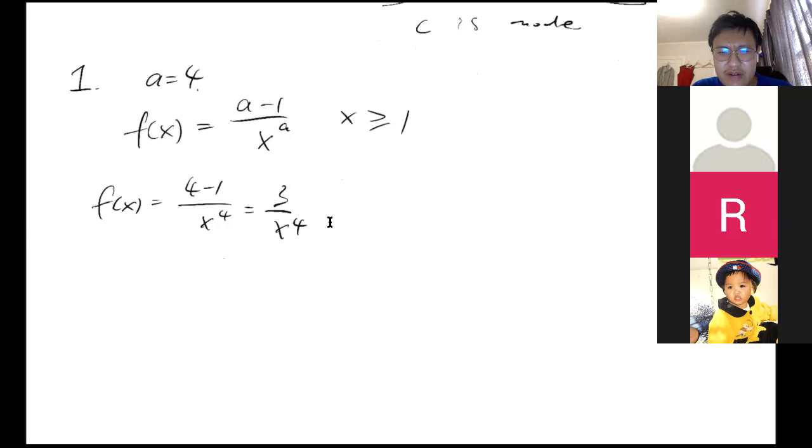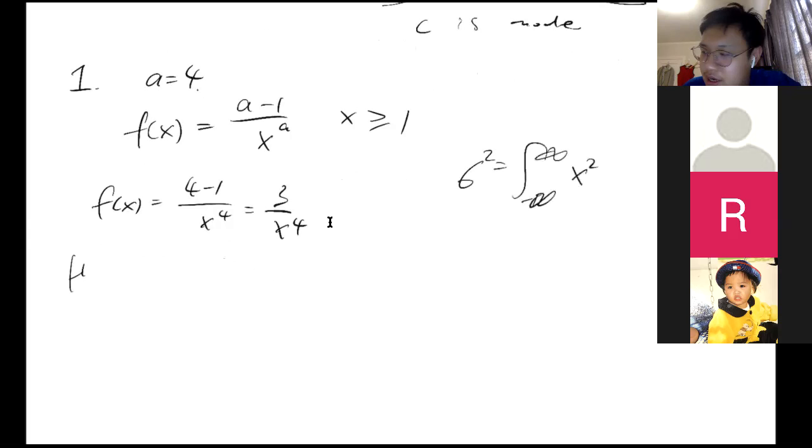We want to calculate the variance. To calculate the variance, we need to calculate mu first. Remember, variance is defined to be the integral from negative infinity to positive infinity of x squared f(x) dx minus mu squared. This integral is just E of X squared.